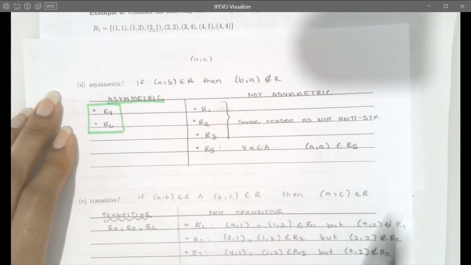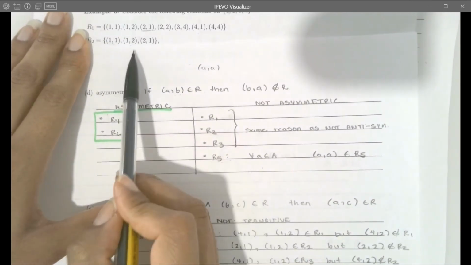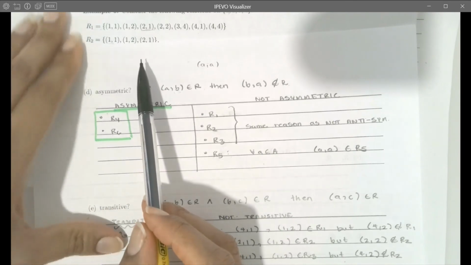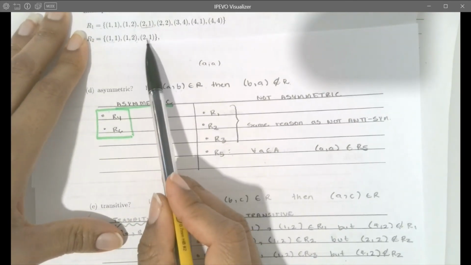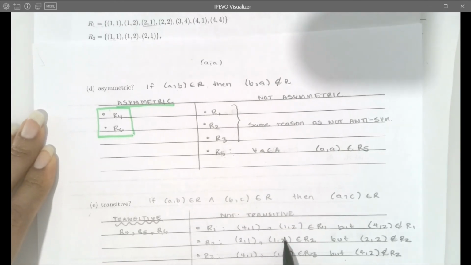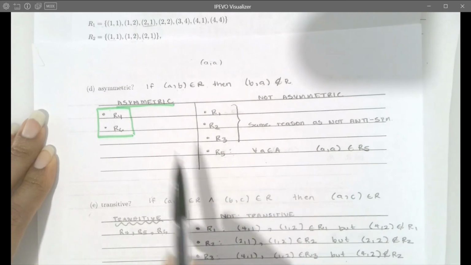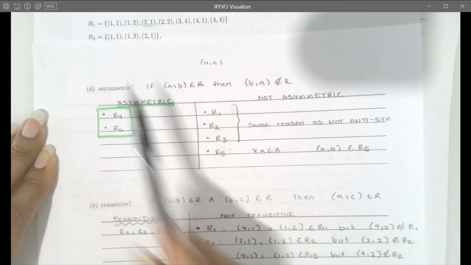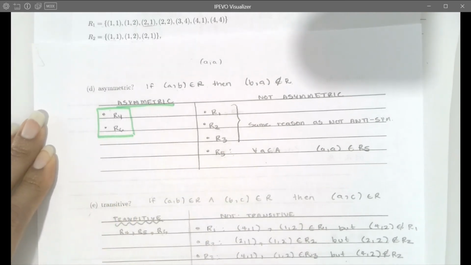Then for R2, which is this next relation, we have the elements (2, 1) and (1, 2). So that means that I should have an element (2, 2). But that is not true about R2, so that means that this is not transitive.